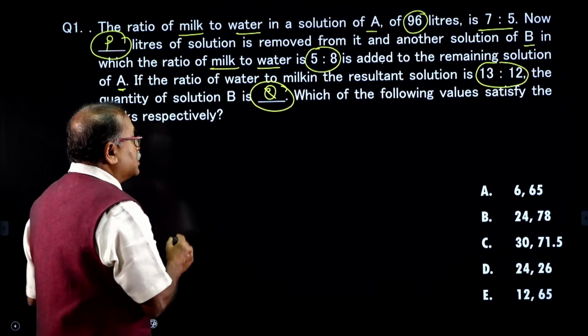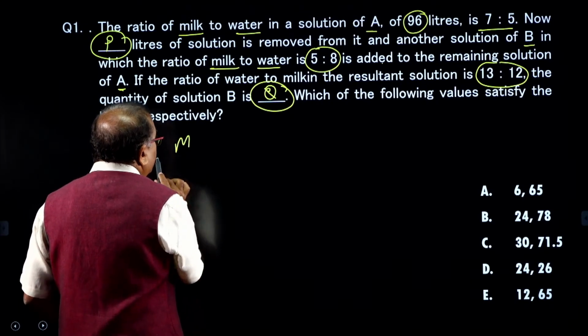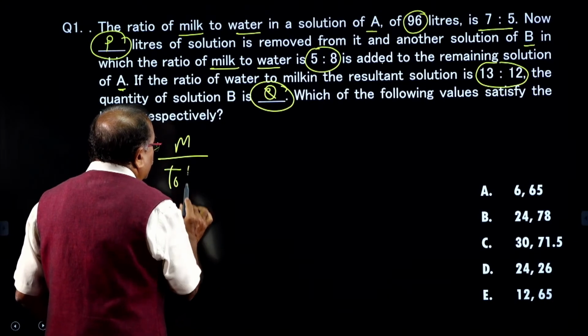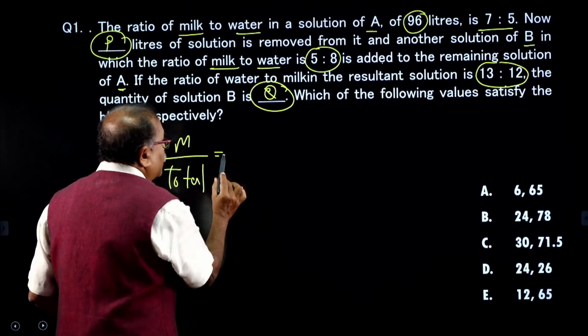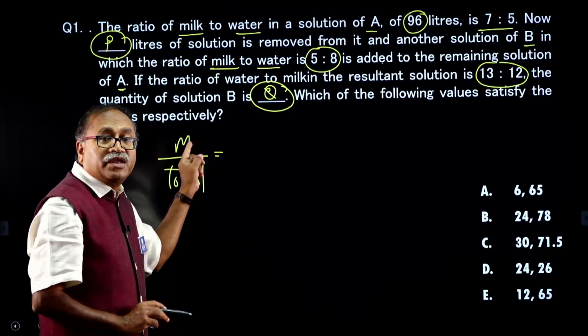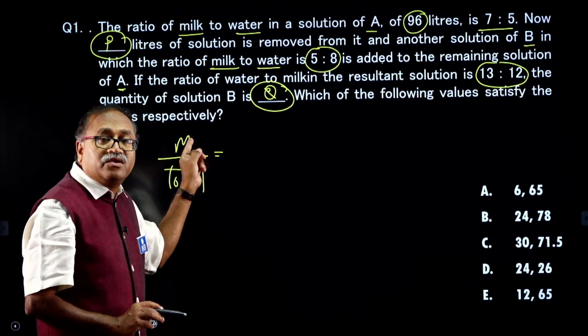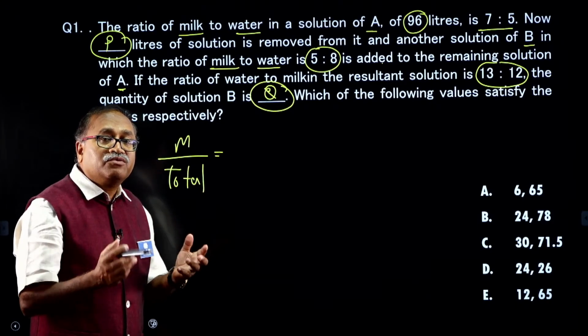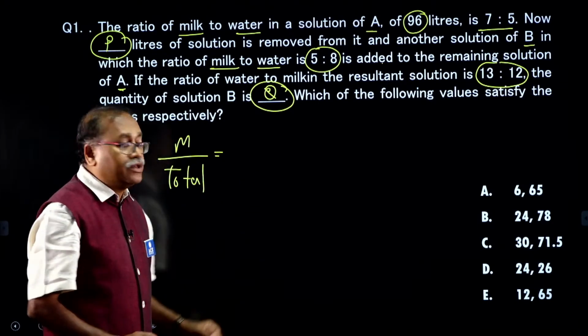Let me write this in this manner, that is milk by total. I have to write in the least possible writing here. If I write milk by water, I have to write a lot of equations.